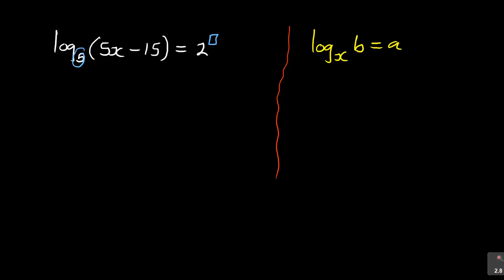So how do I do that? So b is equal to, not becoming an exponent, x to the exponent a. So this becomes the exponent, that becomes the base. So let's correct that. This is the law.